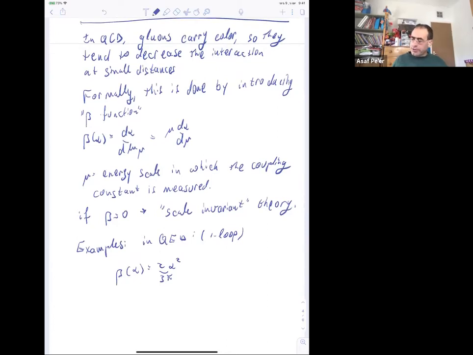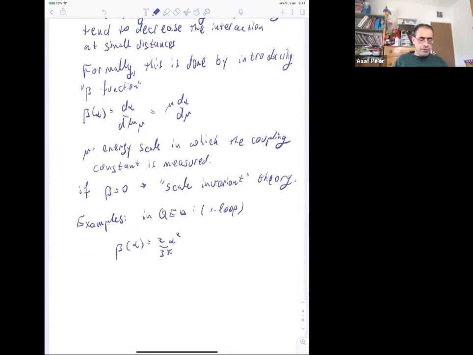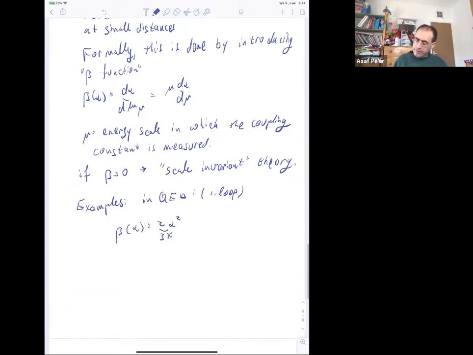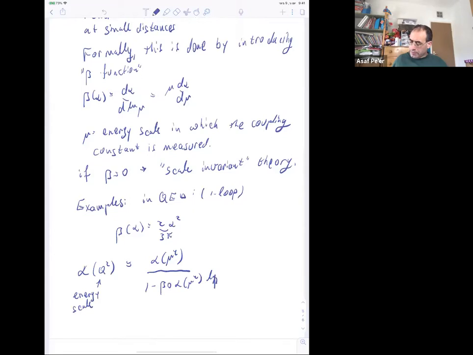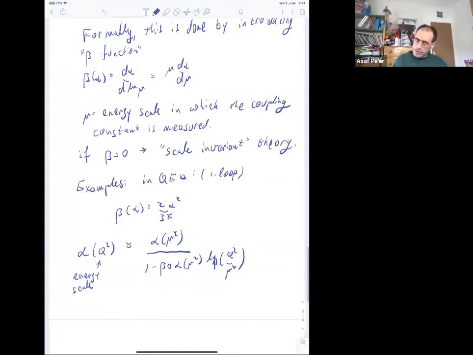So when we change the energy, the alpha changes with the energy scale Q. So the coupling constant alpha of Q squared scales as alpha of mu squared, right? This is a new energy. Alpha of Q squared equals alpha of mu squared divided by 1 minus beta 0 alpha of mu squared times ln of Q squared over mu squared, where beta 0 is 2 over 3 pi.